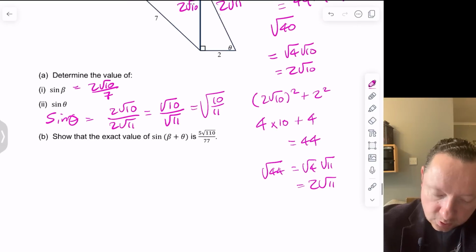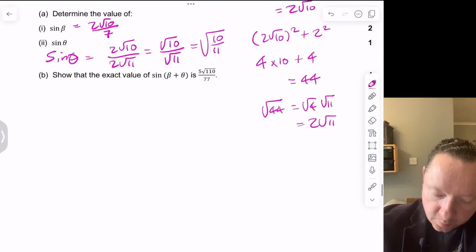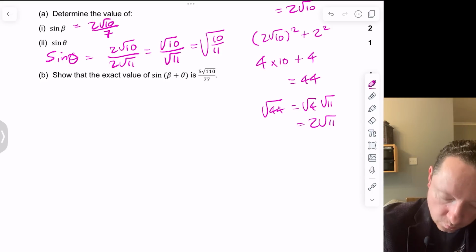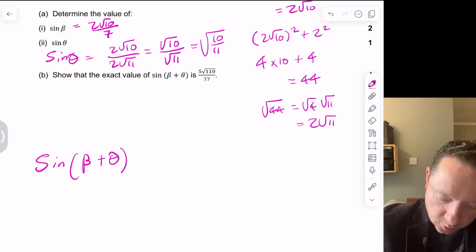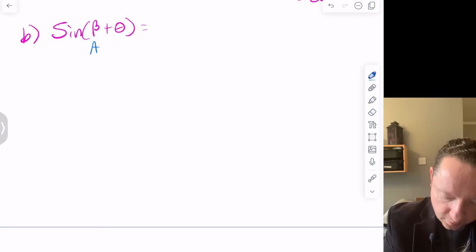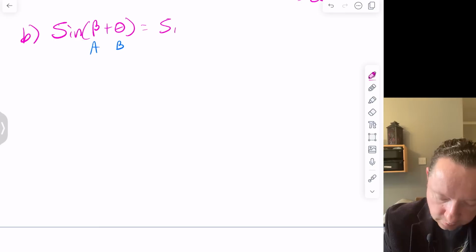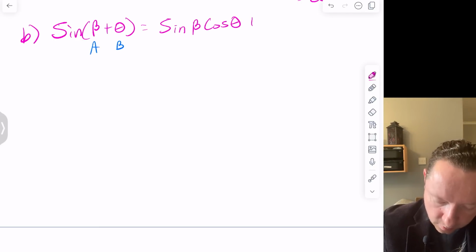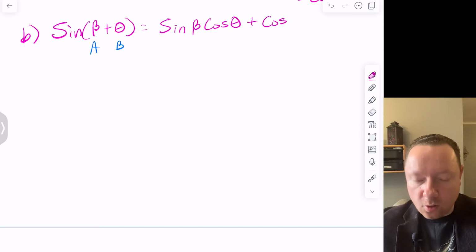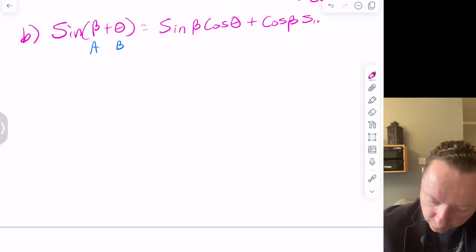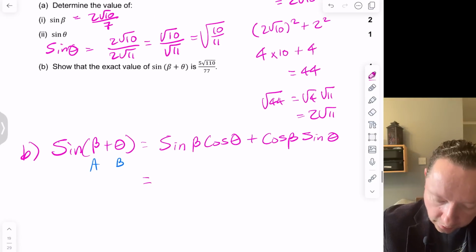Part B, show that the exact value of sine beta plus theta equals that. So sine beta plus theta. Using sine A plus B at the start of the exam paper, that's like your A and B. You get sine A cos B, that's theta, sine A cos B plus cos A sine B, sine theta. So you need to substitute in.